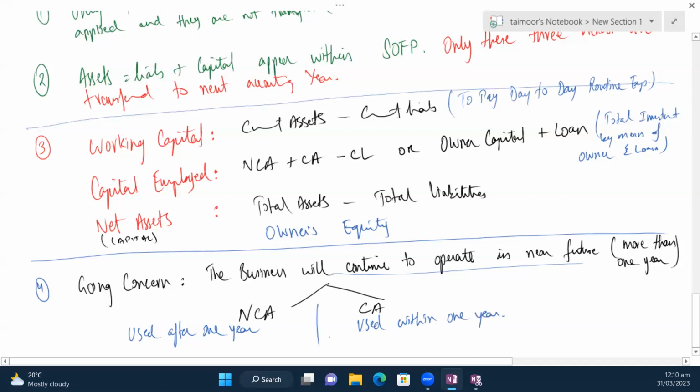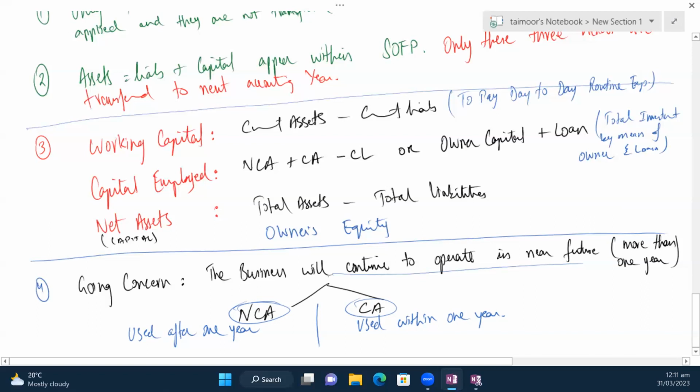क्या distinction आ गई? आप ये बता रहे हैं कि because you have an intention to continue for more than a year, so these are the assets that could be used for more than a year. These are the assets that will be used for the next 1 year. Or you can say non-current assets are like fixed stationary assets that are non-movable.